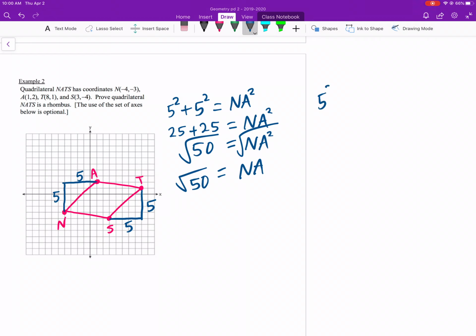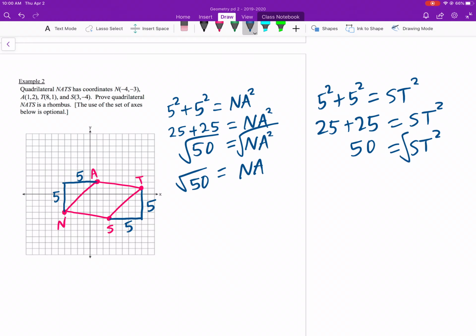So it'd be 5 squared plus 5 squared is equal to ST squared. Okay, 2 equal side lengths, that's good.